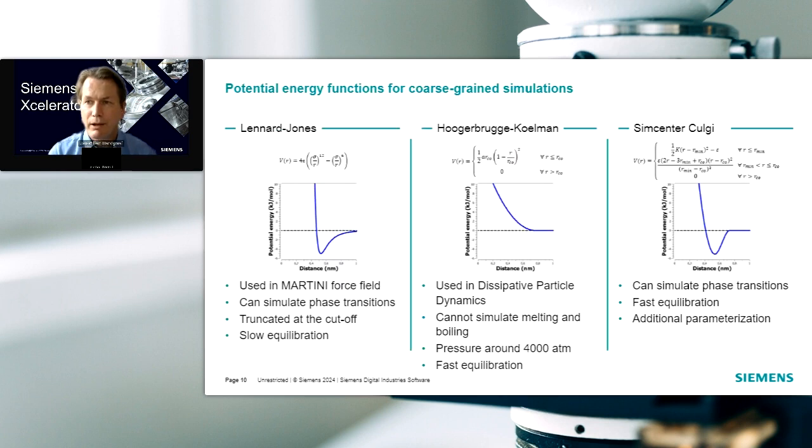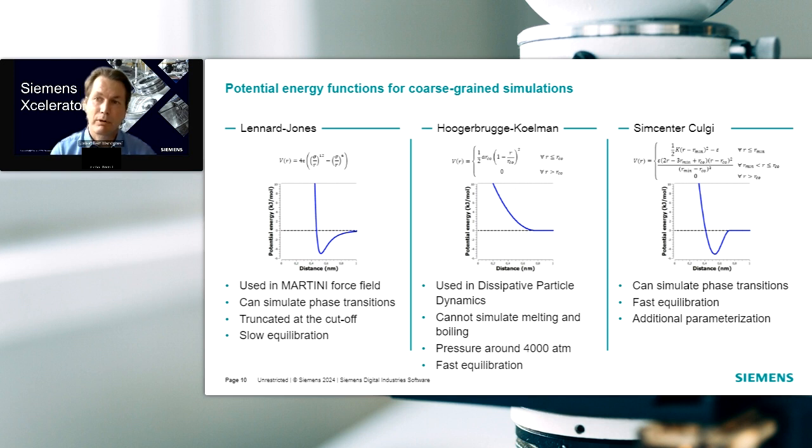A bit of background information on the type of potentials we're using in these modeling approaches. On the one hand, you can select a Lennard-Jones potential, which is quite standard for many classical force field-based simulations. It has a very repulsive term, and it has a well that tells you that at some point these particles will attract each other.